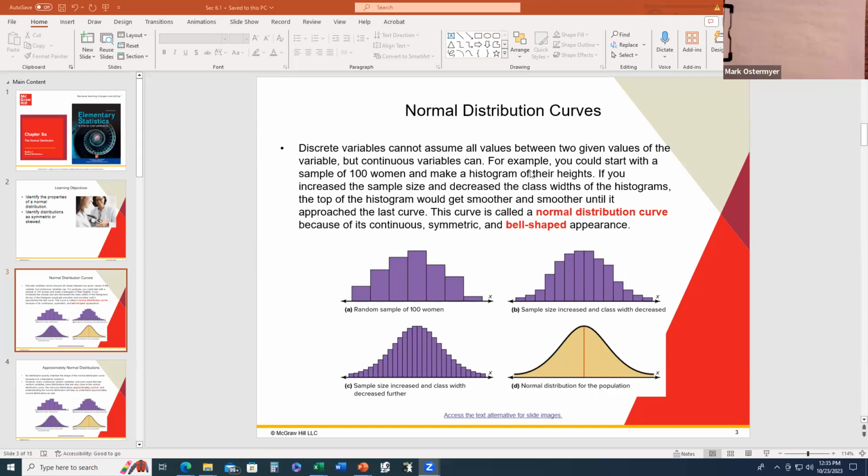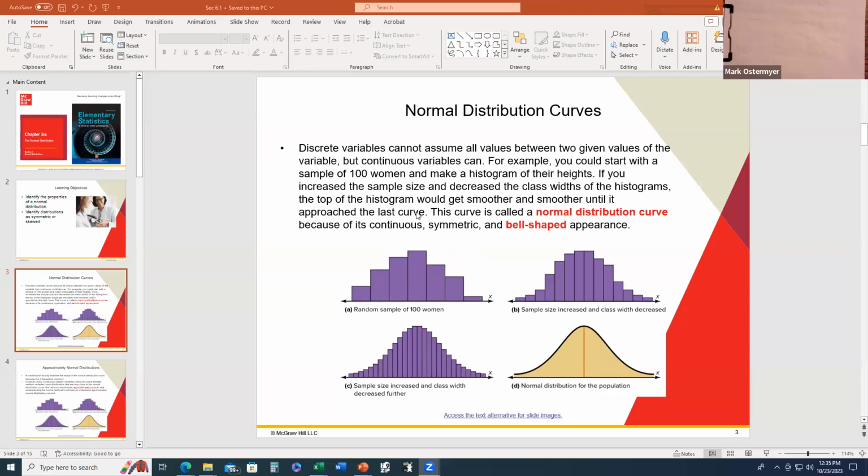Now, an interesting thing occurs here as you increase your sample size. If we, for instance, have a sample of 100 women and make a histogram of their heights, you can see that the histogram, this one over here to the left, is roughly symmetric, not perfectly symmetric, but pretty darn close, and pretty close to being bell-shaped.